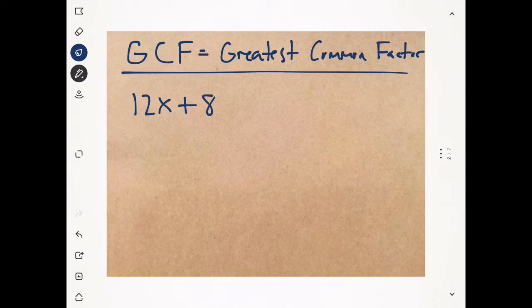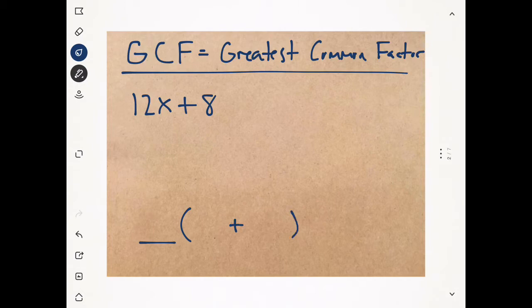So my goal down here is to have something on the outside of a parenthesis, and then two things on the inside of the parenthesis, because I have two terms to start with. 12x is one term, 8 is a second term. So I'm going to have two things on the inside, separated by that plus sign.